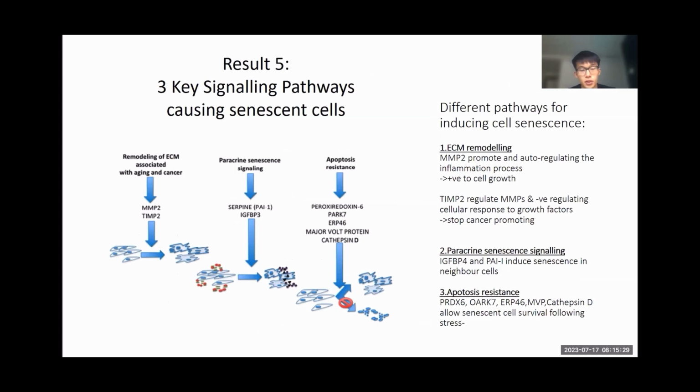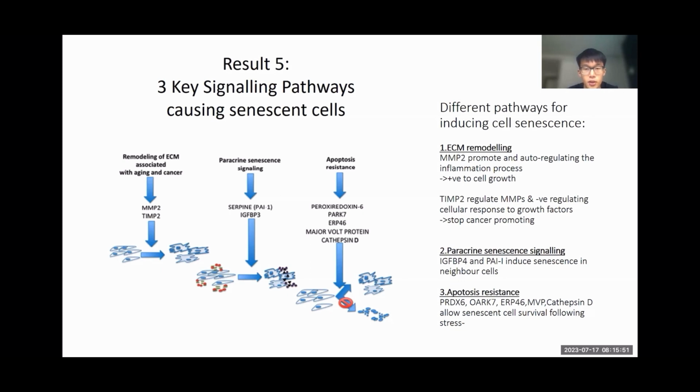These 9 proteins belong to those 11 proteins that I just mentioned, and they induce cell senescence through 3 different kinds of signaling pathways. The first one is remodeling the extracellular matrix by using MMP2 and TIMP2.